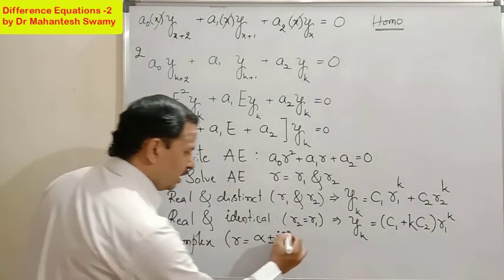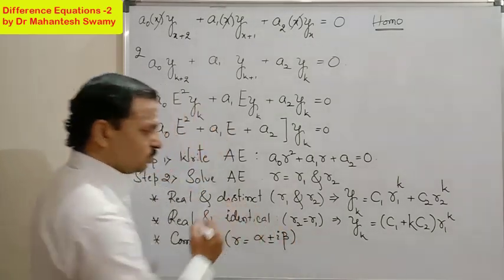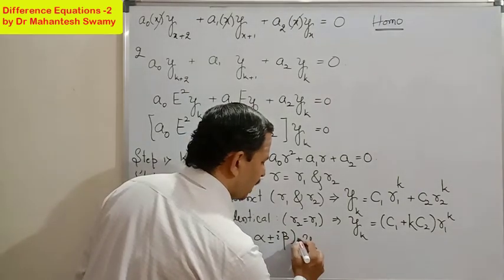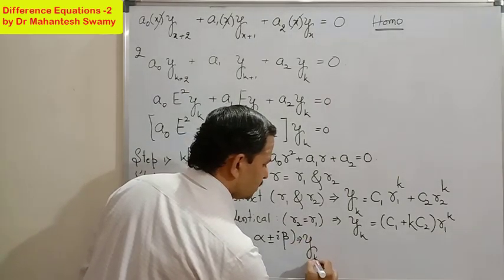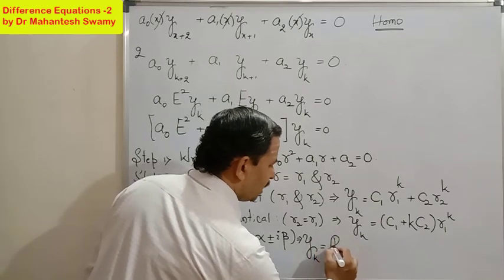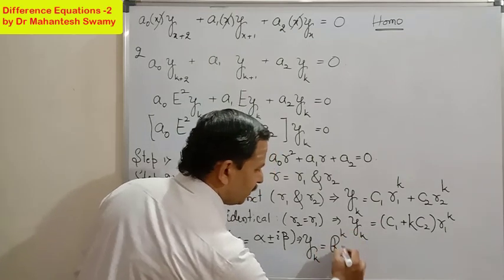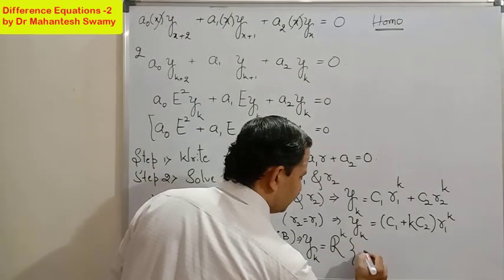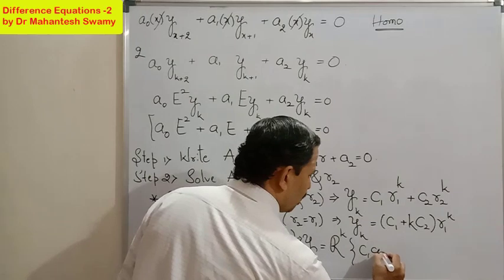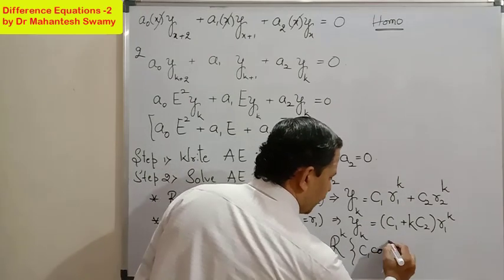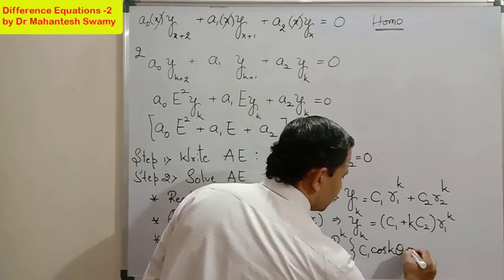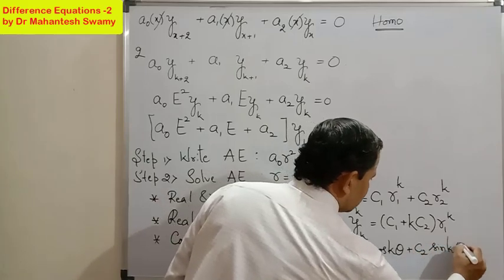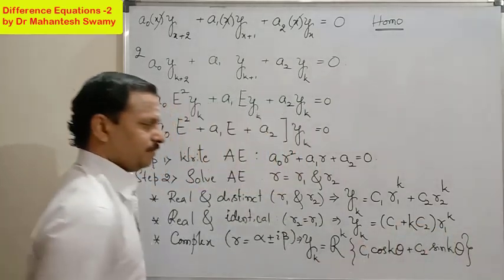So if the auxiliary equation is having a pair of complex roots, in that case, how to write the general solution? That is yk is equal to r to the power k. I will tell you what is meant by this r. r to the power k into the bracket c1 into cos of k theta plus c2 into sine of k theta. I will tell you what theta is at the same time.